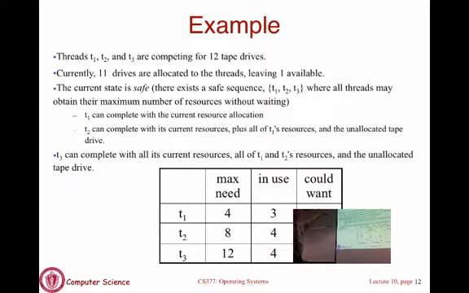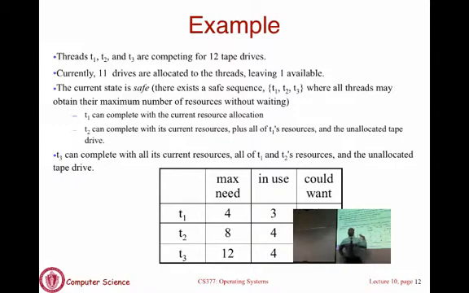One thing I forgot to mention is there are 12 tape drives in the system, of which 11 are in use. And the argument is this is going to be a safe state because even if you have this worst case requirement, you still have 1 tape drive free. So there are 11 in use and there are 12, so 1 is free. That free drive can be given to T1 because it can ask for 1 more.